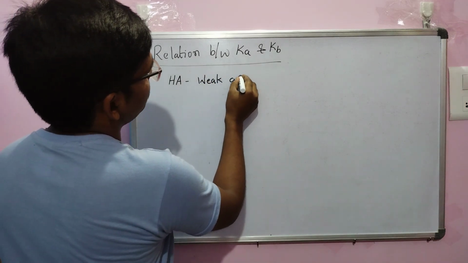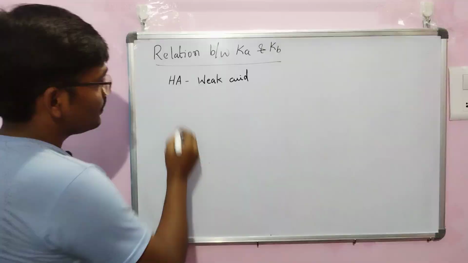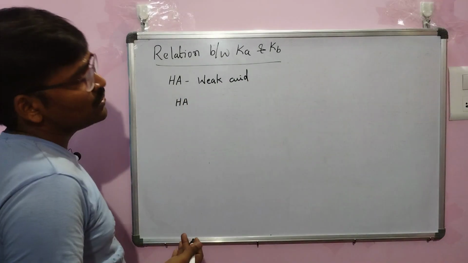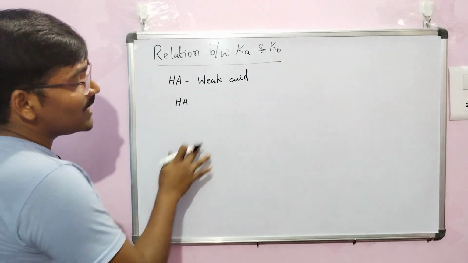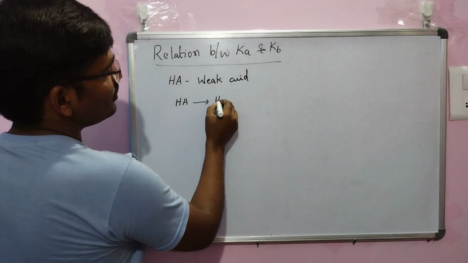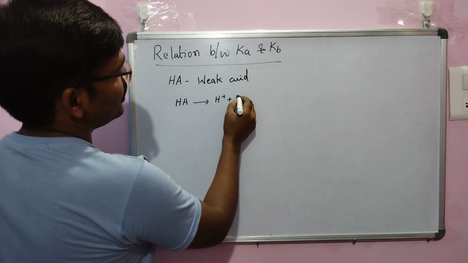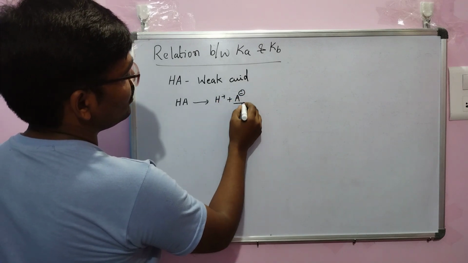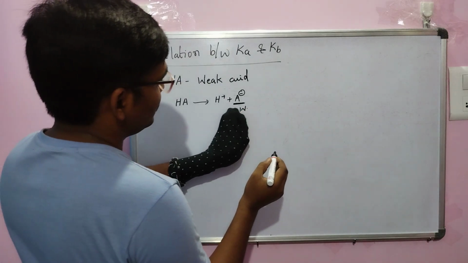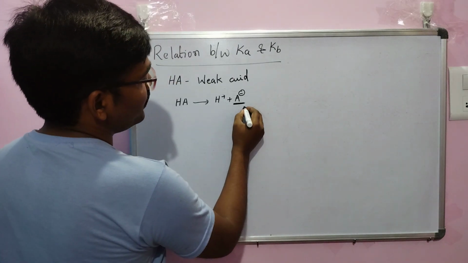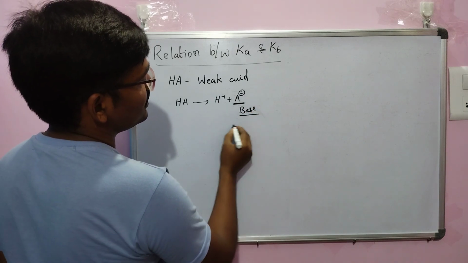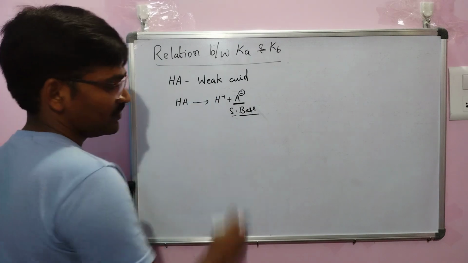According to Bronsted acid base theory, after the dissociation of the H plus ion, A minus is formed. Just assume it is a base.